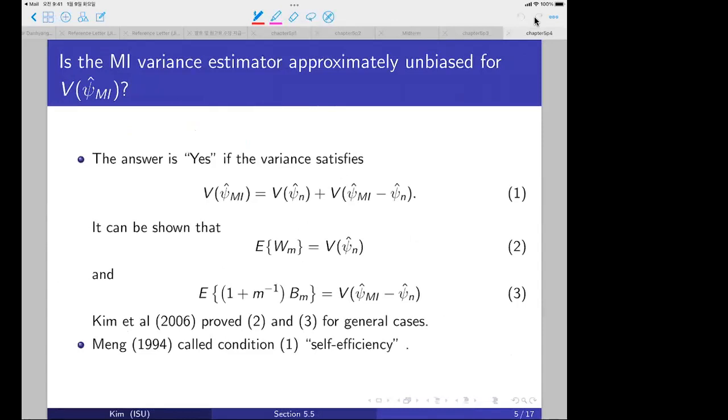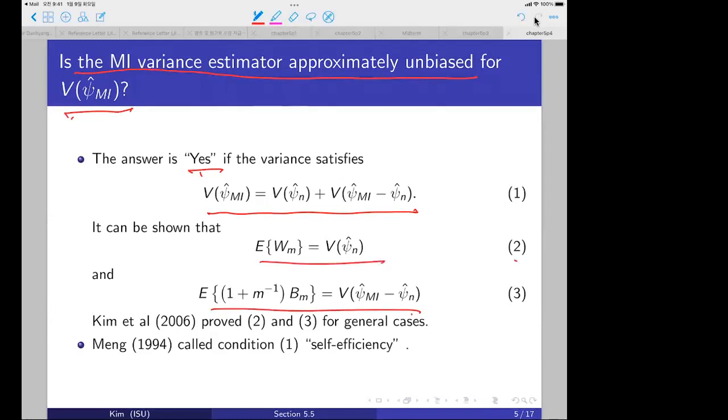The question is, is the MI variance estimator approximately unbiased for the true variance? The answer is yes, if the variance satisfies this, and that is true if we have this one.